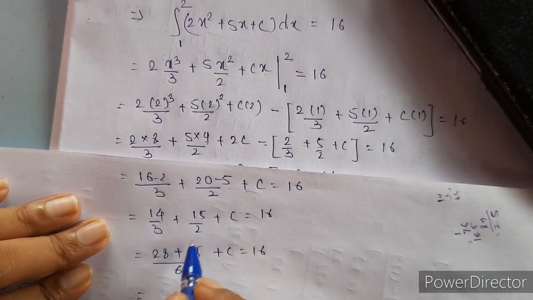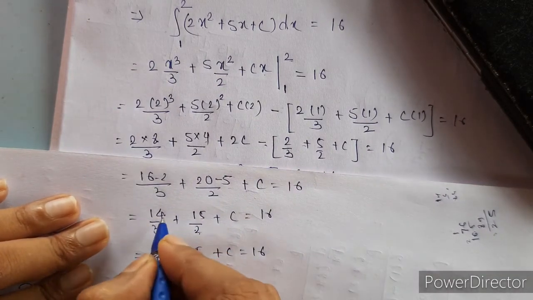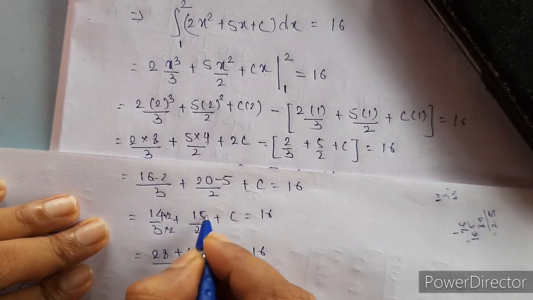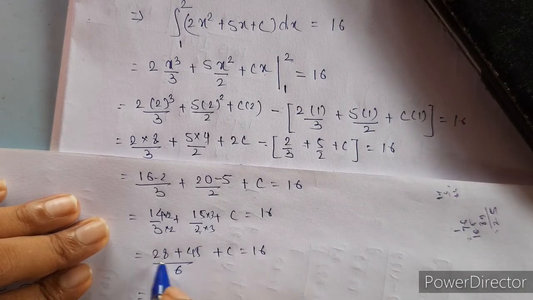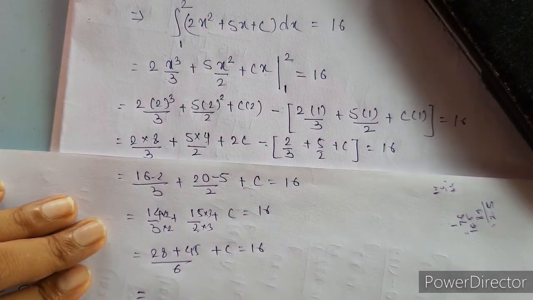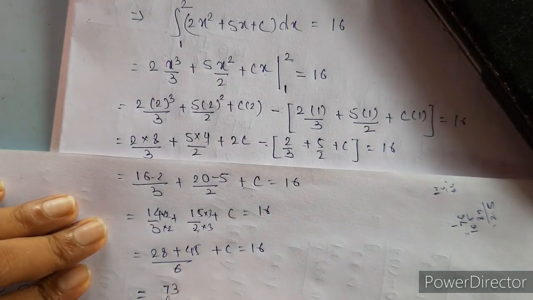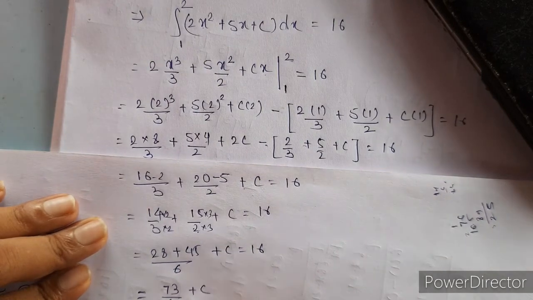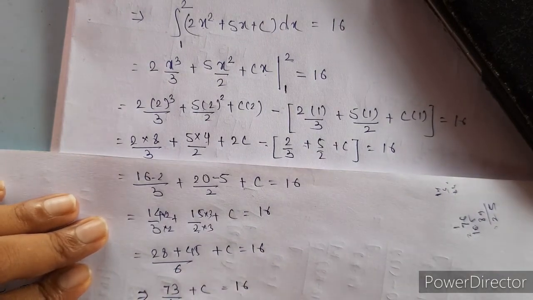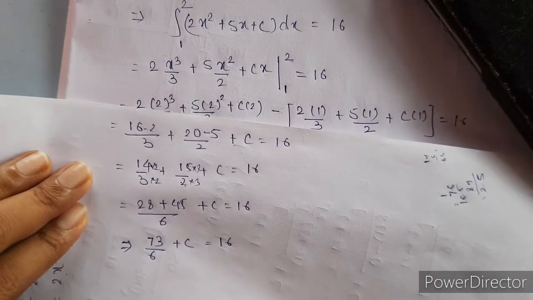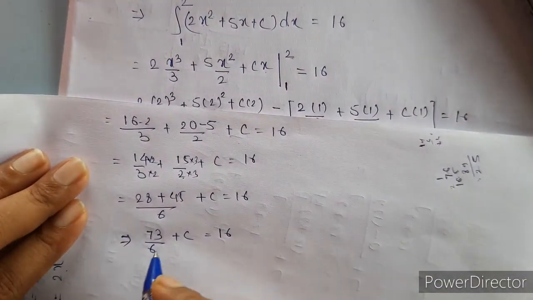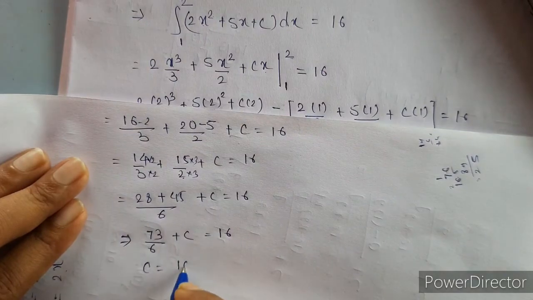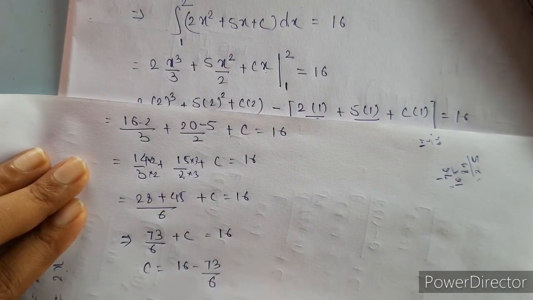So I'll take an LCM here. Multiply this by 2, divide by 2, multiply this by 3, divide by 3. So 28 plus 45, 73 by 6 plus c, which is equal to 16. Now we can write c as 16 minus 73 by 6.